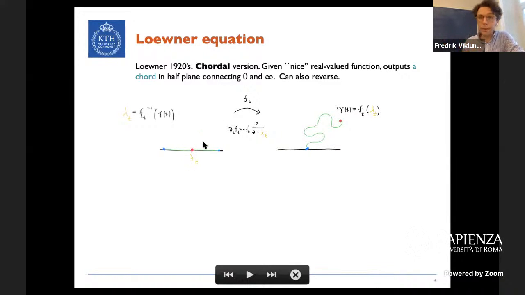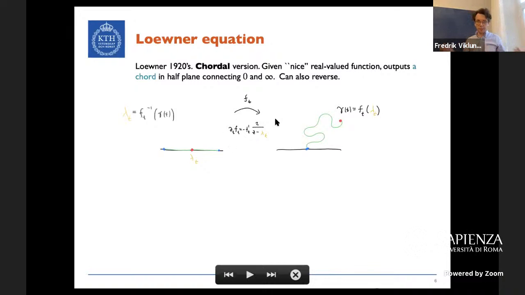Right, and you can also go in the other direction. So starting with a suitable curve, let's say a simple, nice curve in the upper half plane, you can consider this family, these conformal maps from the complements of the curve as you slit the plane more and more according to this curve, and then you look at the pre-image of the tip under this conformal map, and that gives you a continuous function on the real line, and then it's a theorem that this family of conformal maps satisfies the Loewner equation like this.